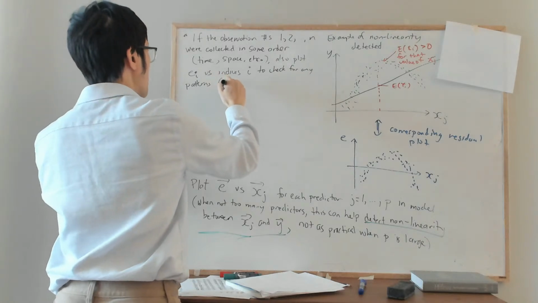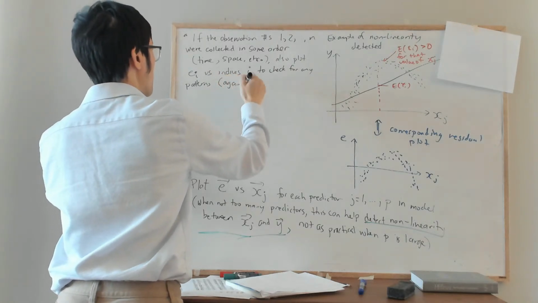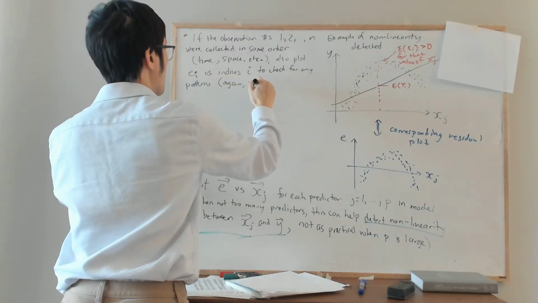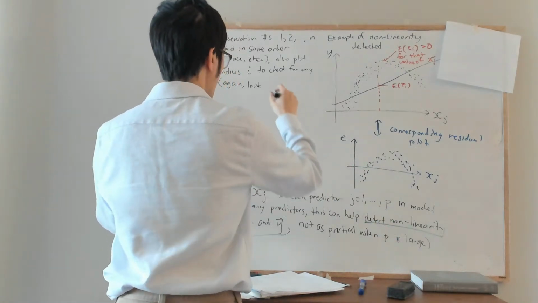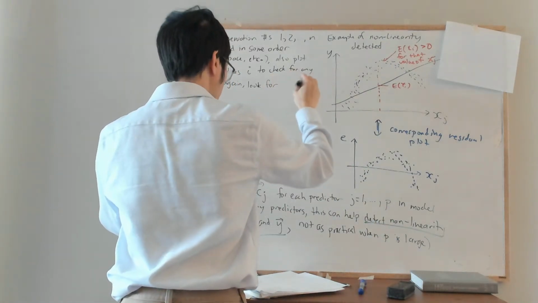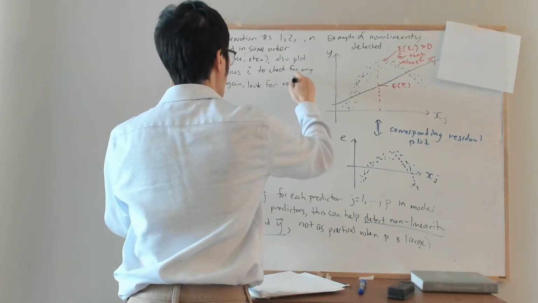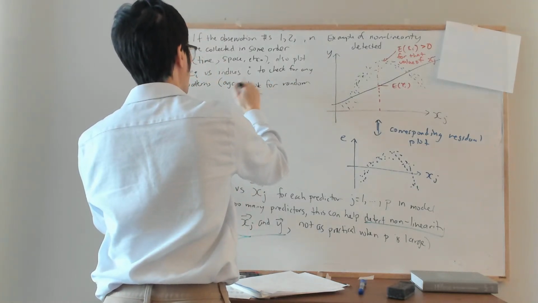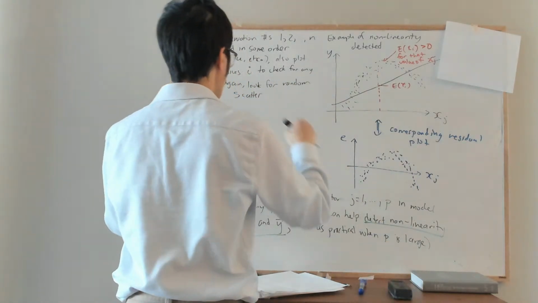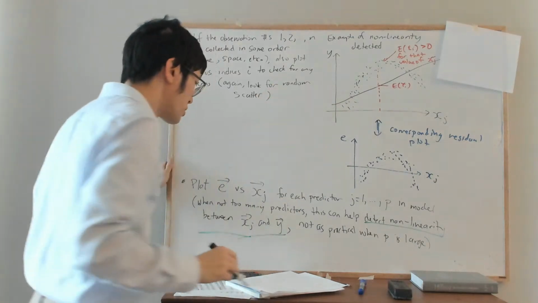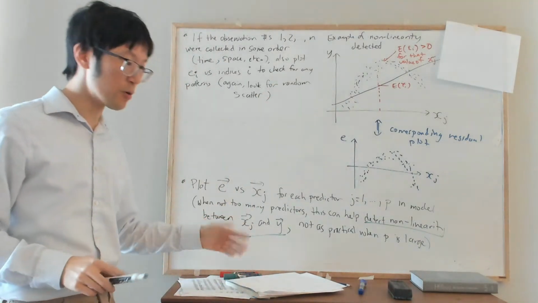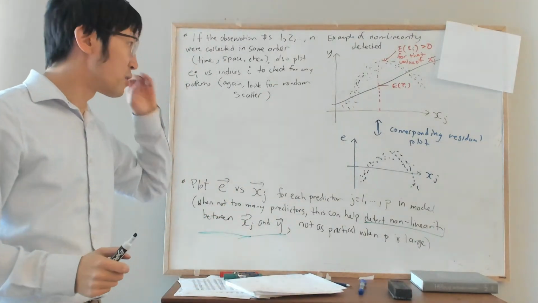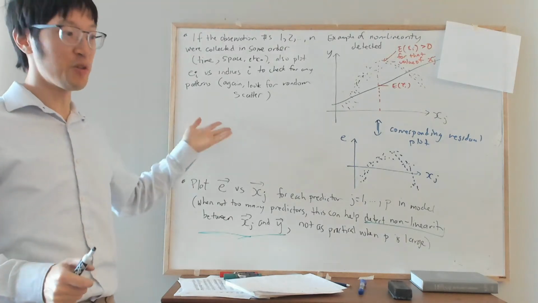Again, just like in all these residual plots, we're looking for random scatter. That's the ideal. To summarize, the ideal residual plot is always random scatter.